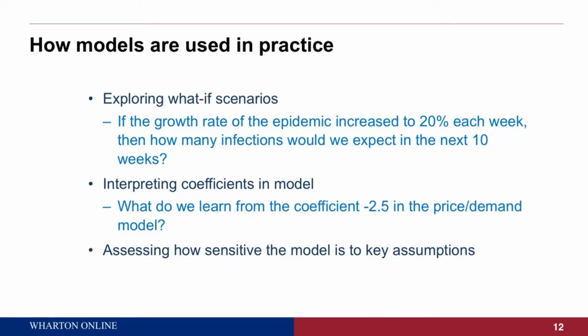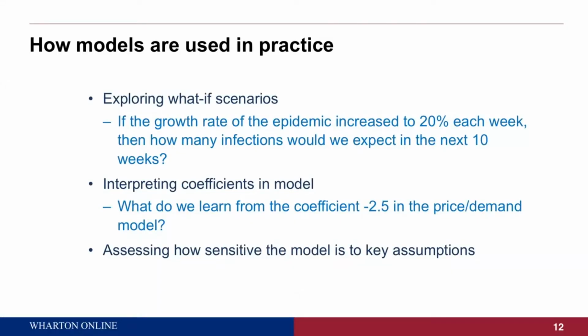Then how many infections are we going to expect in the next 10 weeks? So if we have a model where we are able to examine the consequences of the change of some of our assumptions, that's the idea of scenario planning and what-if analysis. So that's something else that a model can help you do.